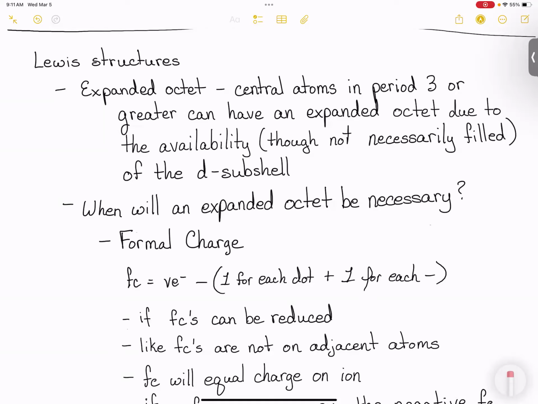The next thing that we did is we developed the Lewis dot structure for an ionic compound. In that Lewis dot structure, what was illustrated is the metal lost its valence electrons or transferred its valence electrons to the nonmetal.